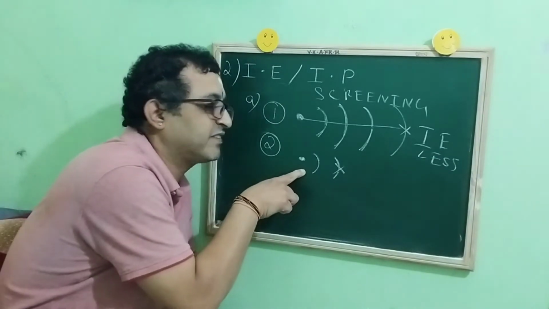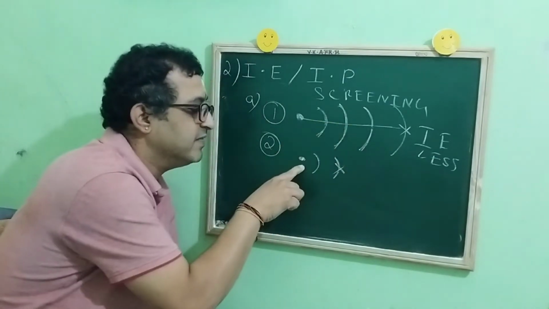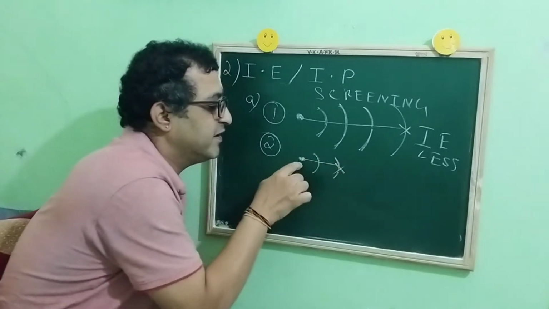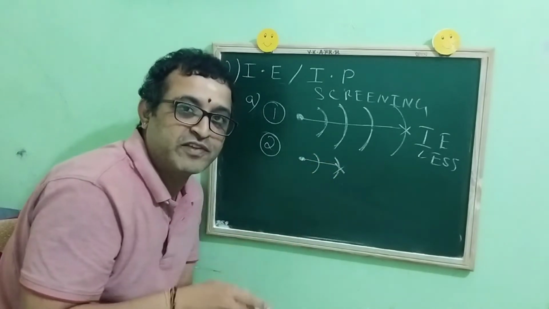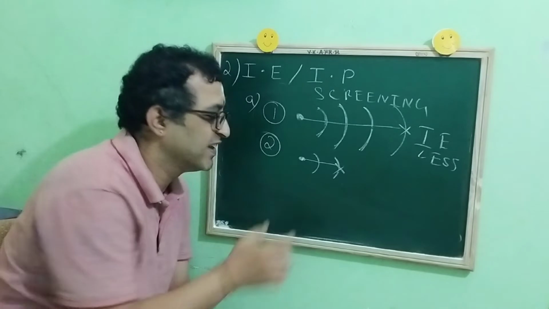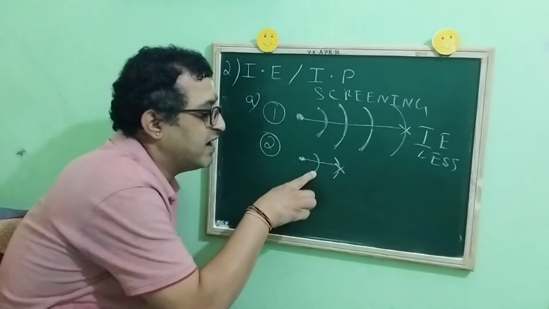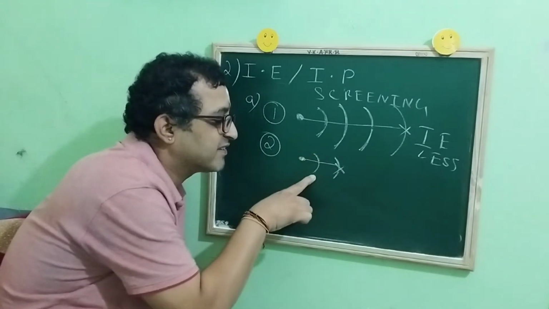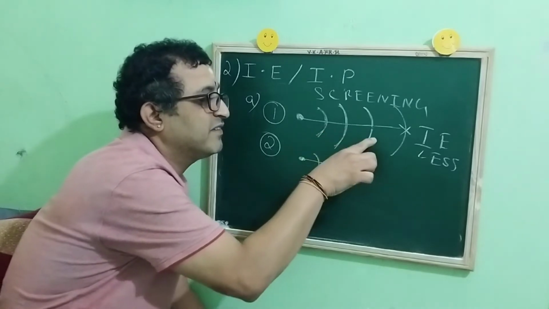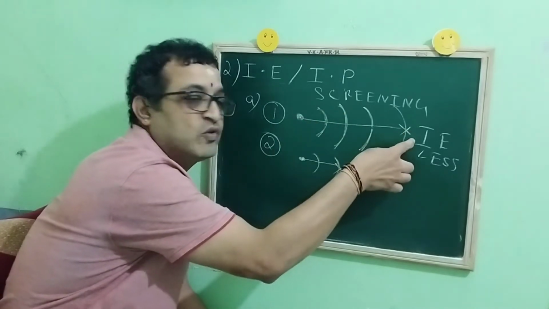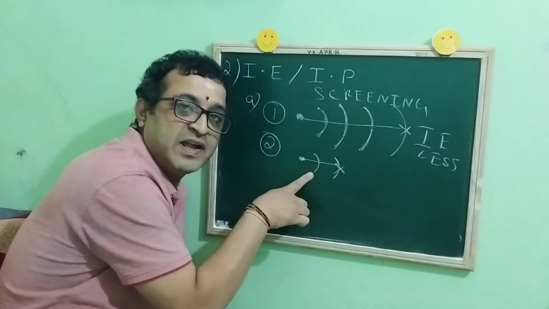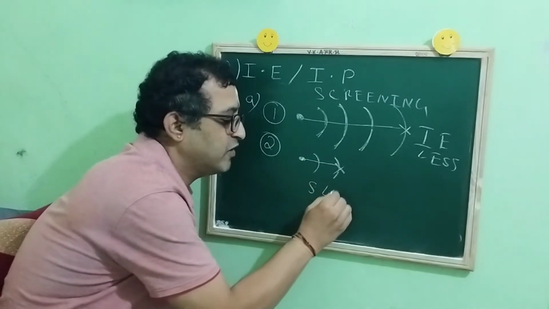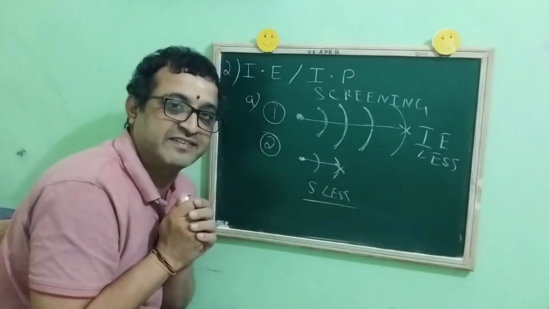Okay, now come to this case. In this case, the distance between the nucleus and the outermost electron is what, children? Less. And here one more thing is that the screening effect. Here how many screens are there to block these two? 3. Here how many are there? 1. Obviously here the screening effect is also less.